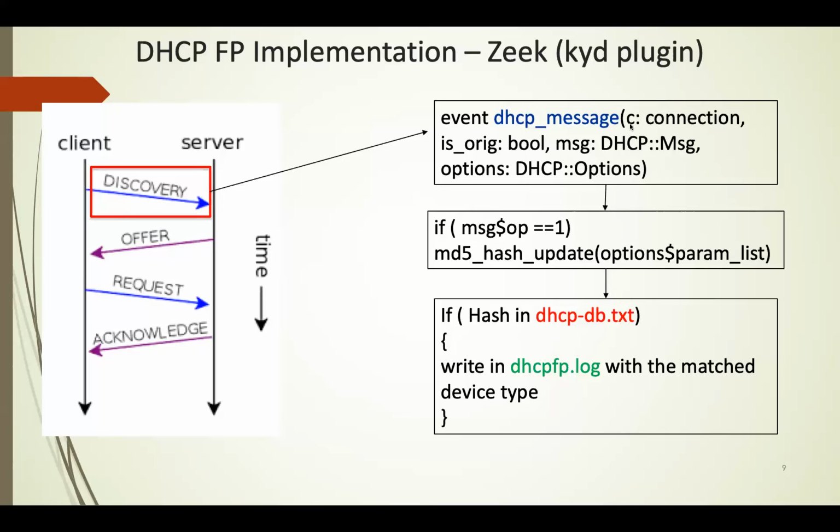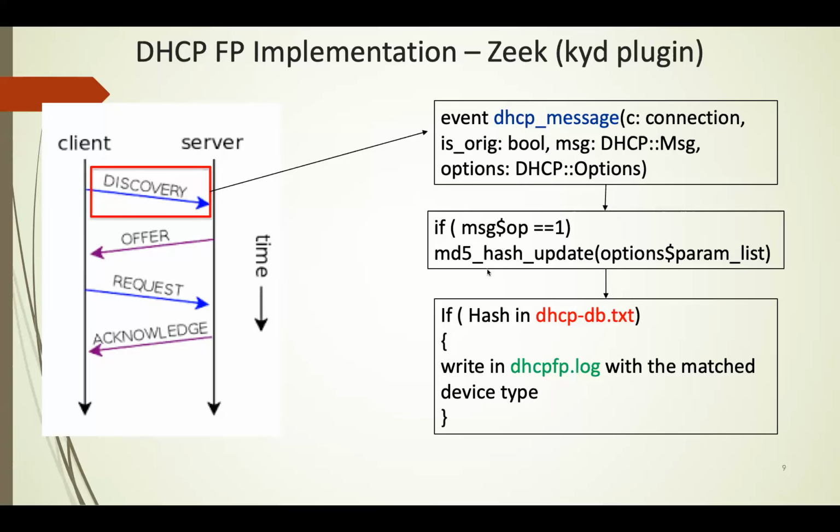It is the connection tuple, which has source IP, destination IP, source port, destination port, and the unique connection ID, UID, that Zeek assigns to each unique connection. And I think I mentioned the DHCP message and options. So whenever the discovery packet is captured by Zeek, it produces the event dhcp_message that can be handled.